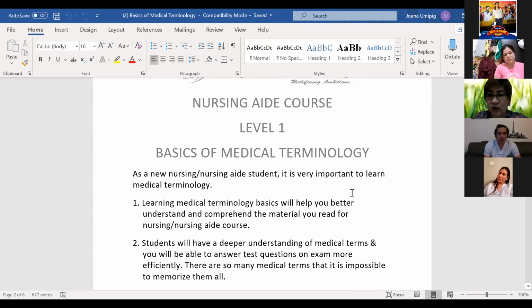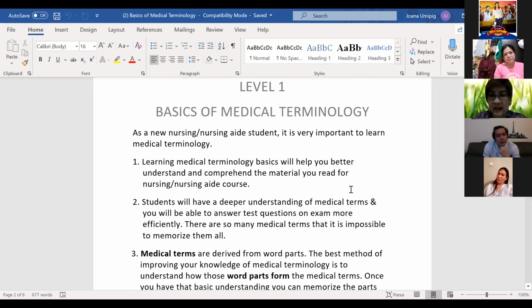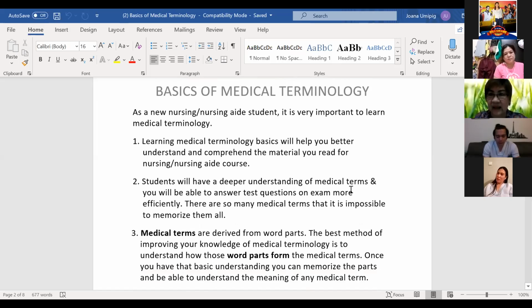Na-share ba sa inyo itong lesson na to? Hindi po. Okay. So this is the basics of medical terminology.